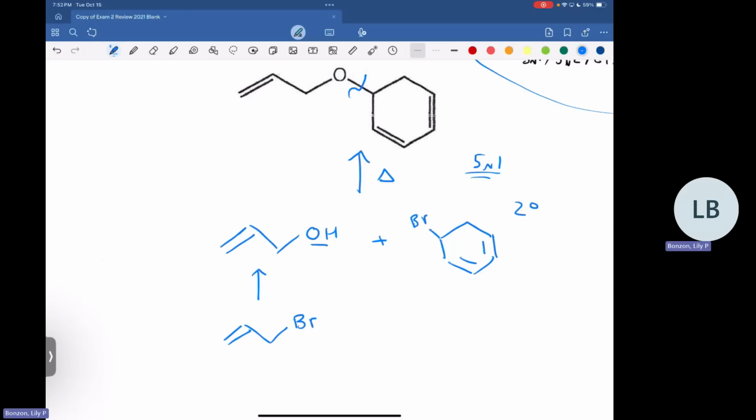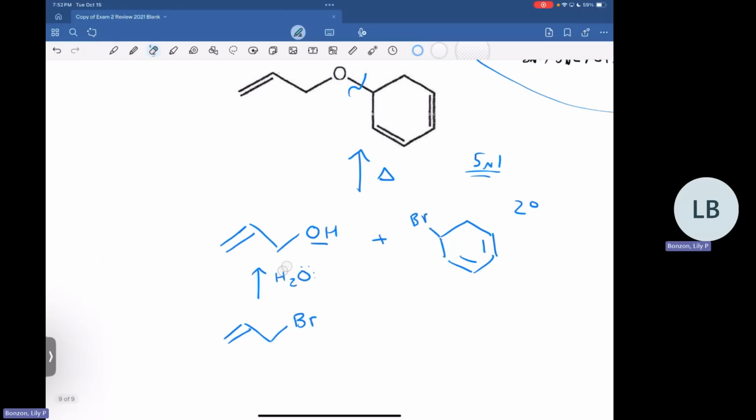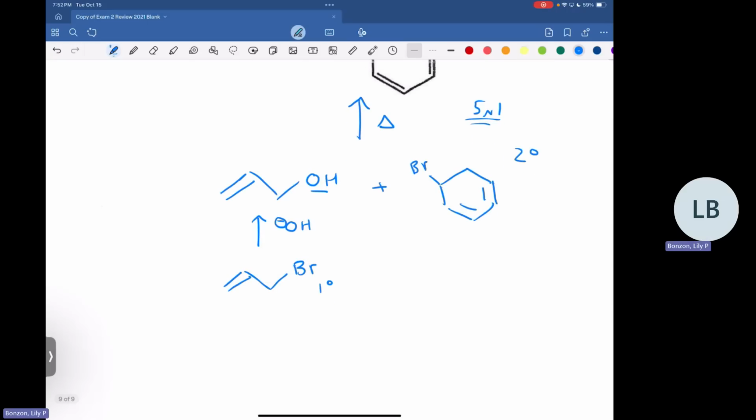And then if we want to put an OH onto the molecule, we're going to use a nucleophile that would allow us to do that. So we're going to use H2O, or you could do OH minus. Either of those would be okay. In this case, I'd probably go with OH minus because we have a primary halide, so it'd be more of an SN2 reaction.